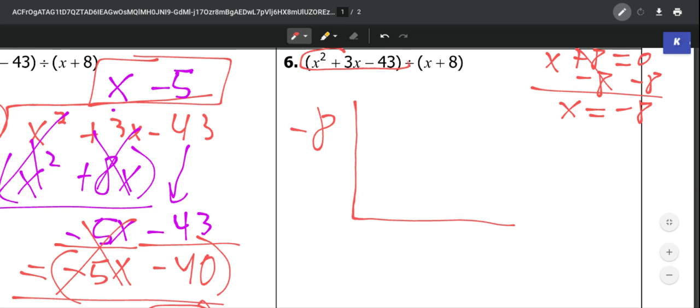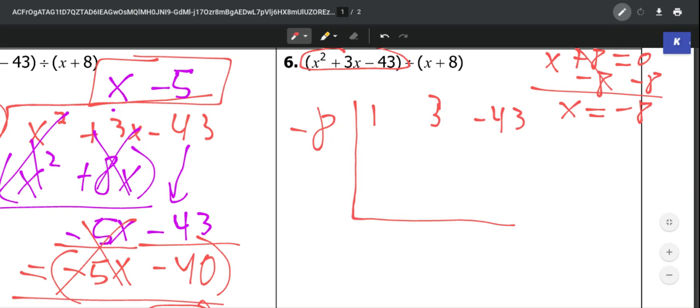Take all your coefficients for what you're dividing and put those, almost like we did our matrix stuff, in one row. So we'll have the coefficient for x squared is 1, coefficient for 3x is 3, and 43 is just minus 43.